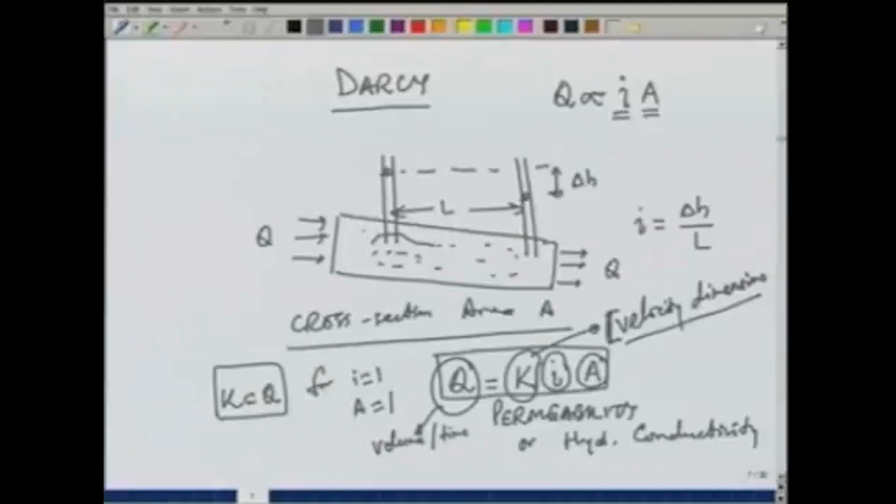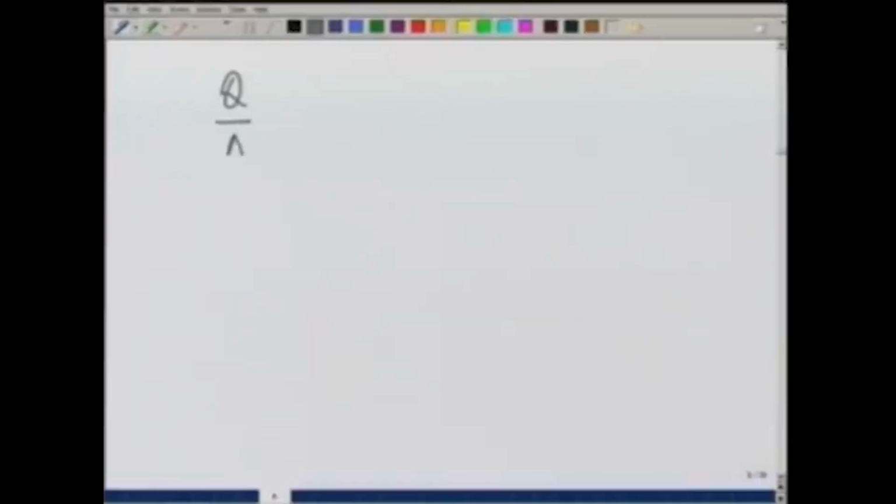So, if we divide Q by the area, we would get a term which will be similar to velocity. So, we can write this term Q over A is an apparent velocity.